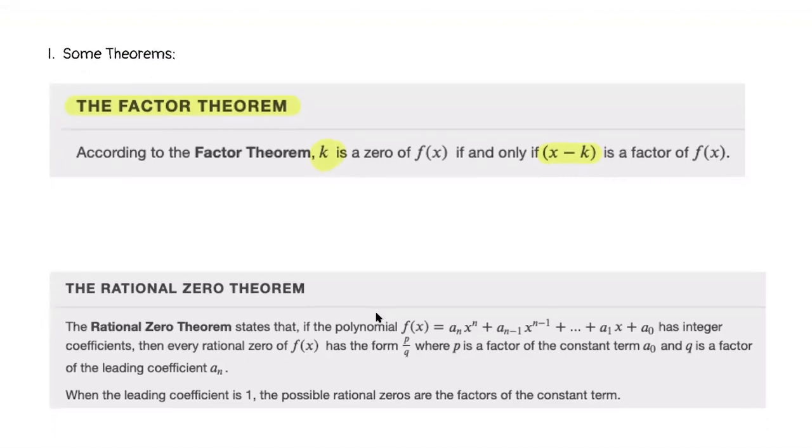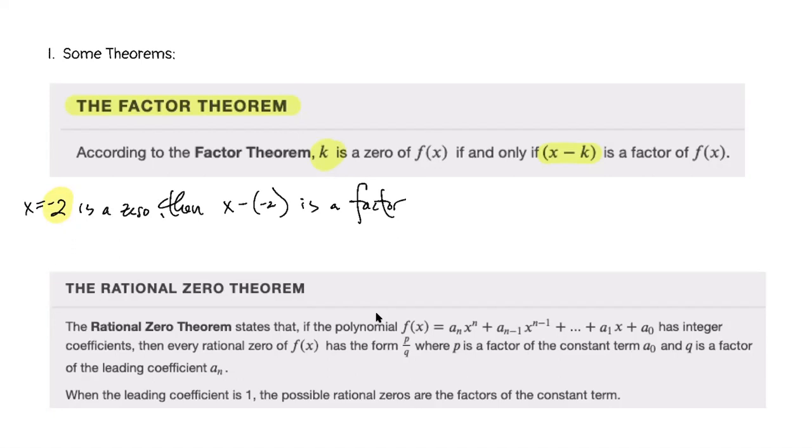So if we think back to when I said, hey, if x equals -2 is a 0, so in this case, k is like -2, then x minus -2 is a factor. And we had written that as x plus 2, right?